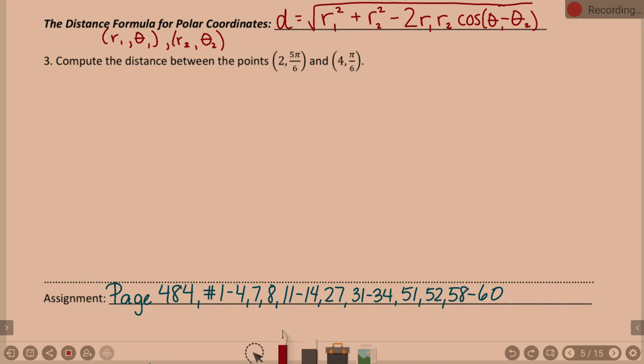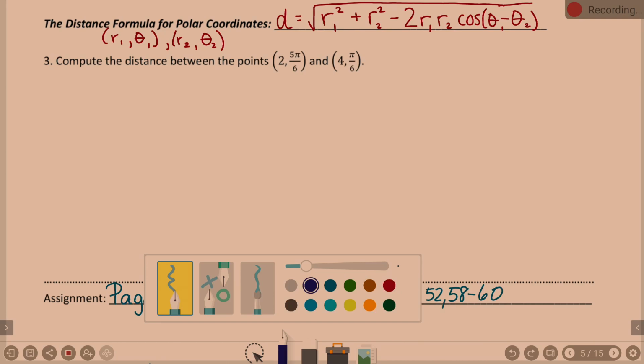Now, really what this is, it's a law of cosines problem. Law of cosines, if you remember law of cosines. Okay. You know that distance formula. This really is just going to be a plug and chug, yes? Yes.